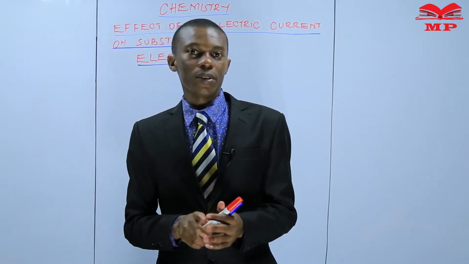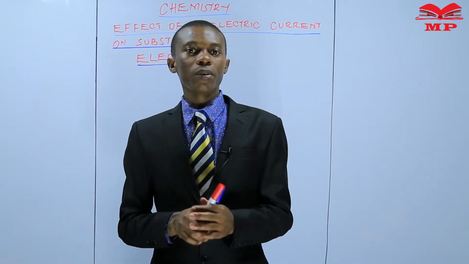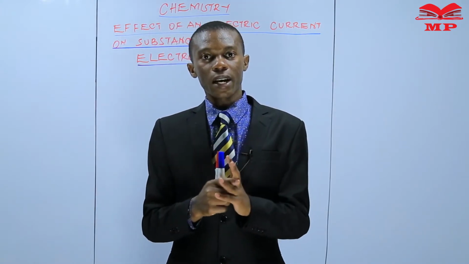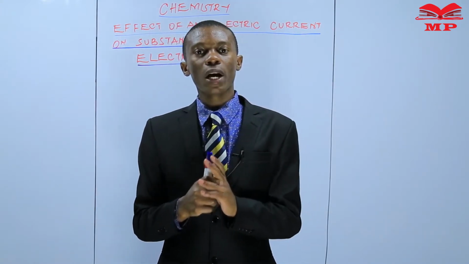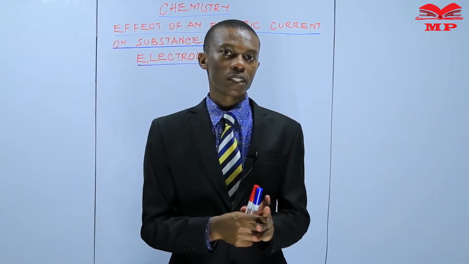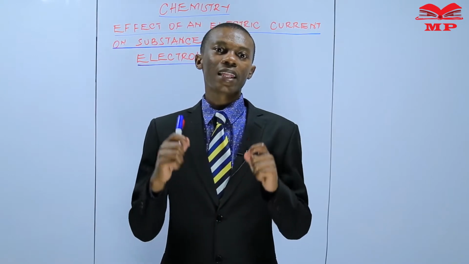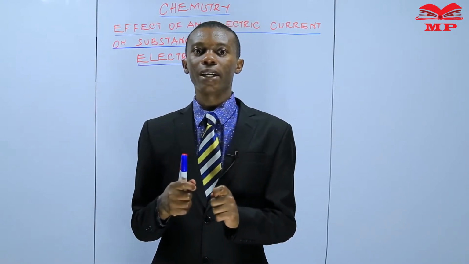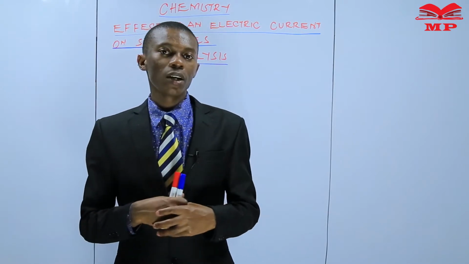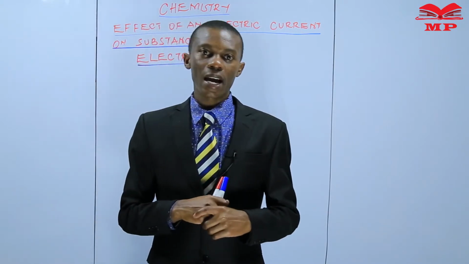mobile ions. Positively charged ions migrate towards the negatively charged electrode, which is the cathode, and the negatively charged ions migrate towards the positively charged electrode, which is the anode.